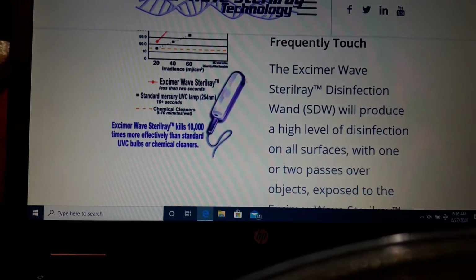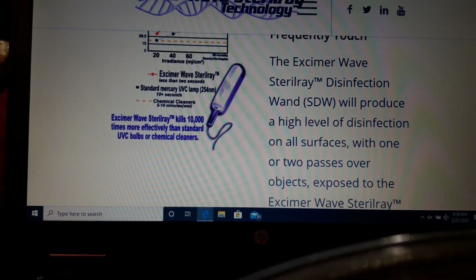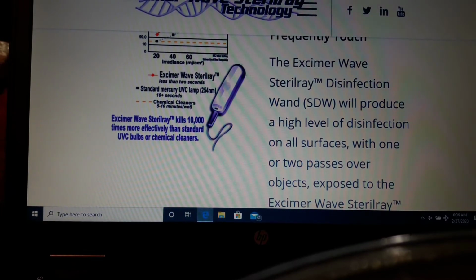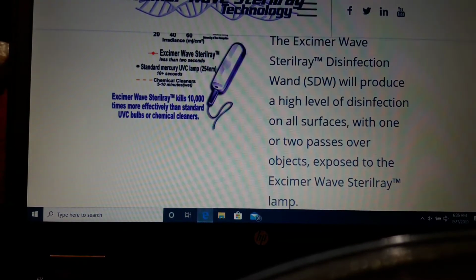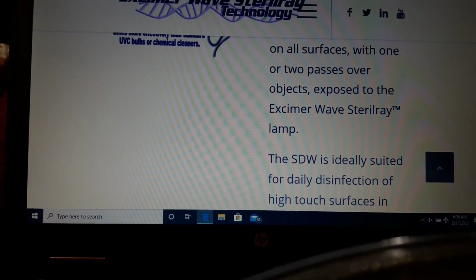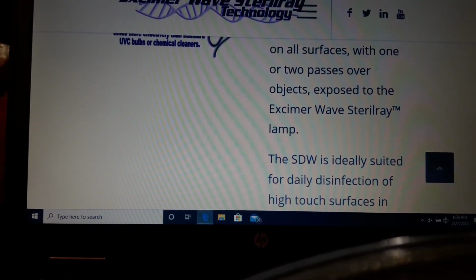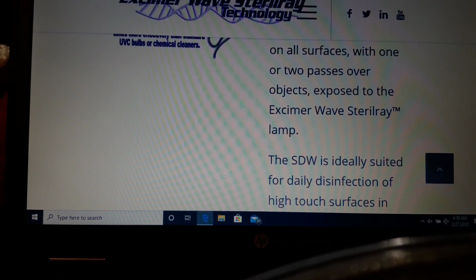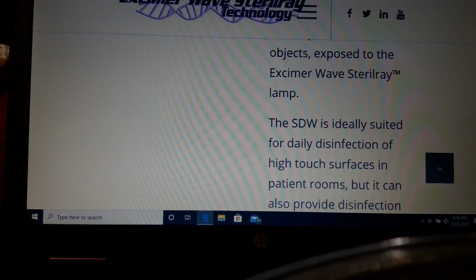So the Excimer Wave Stereo-Ray disinfection wand will produce a high level of disinfection on all surfaces with 1 or 2 passes over objects exposed to the excimer wave sterile ray lamp.